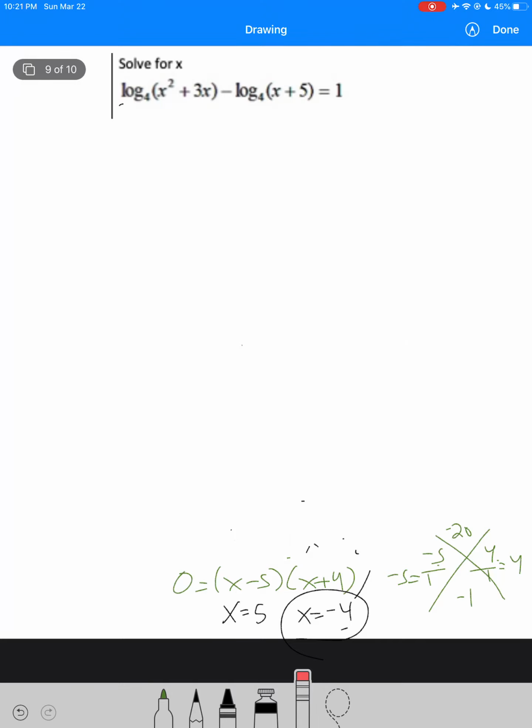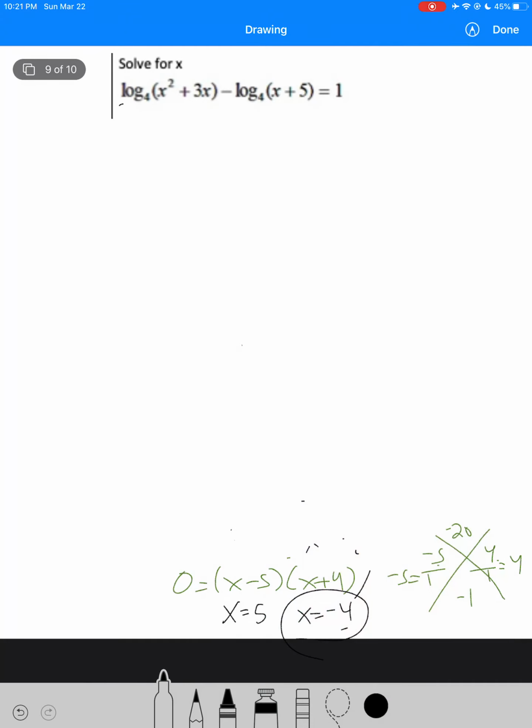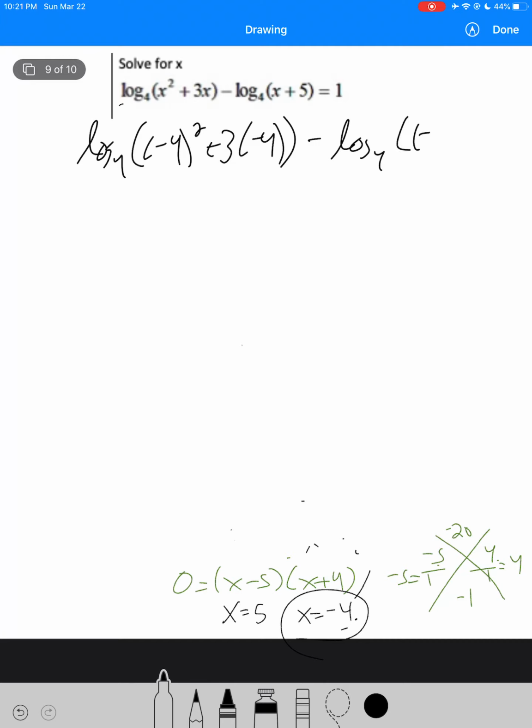So let's actually try the negative first. This might be a case in which it will work. So we have log base 4. I'm plugging in negative 4 for x. Sorry, that's kind of ugly. It's hard to write. Minus log base 4 of negative 4 plus 5 equals 1, right?